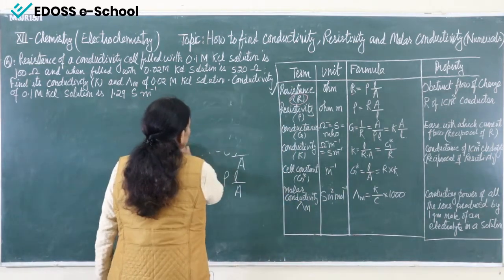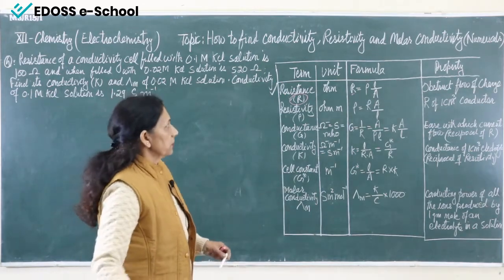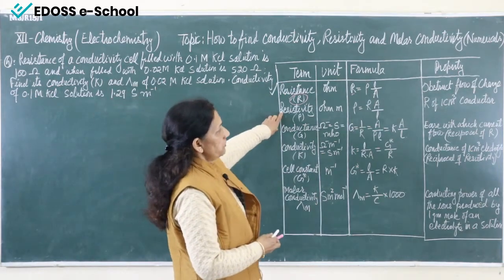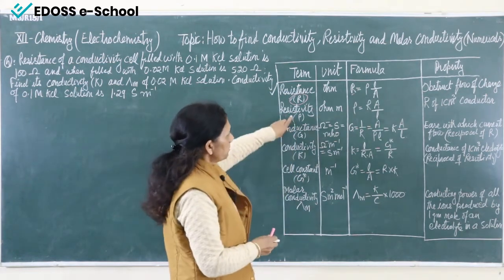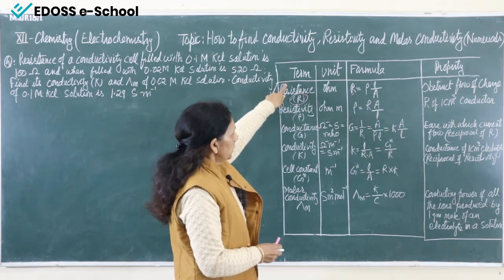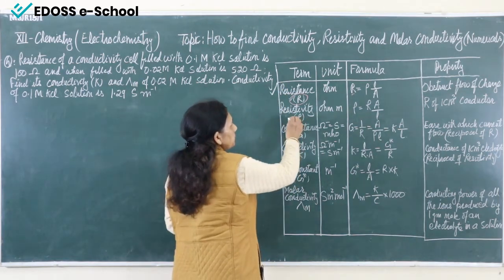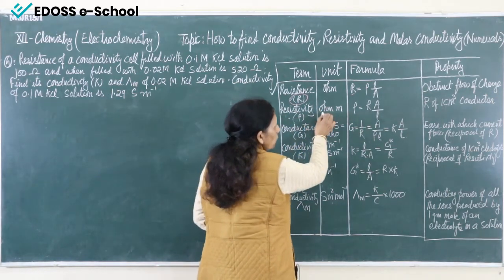Now coming to the second term, resistivity. The symbol for resistivity is rho, and its unit is ohm meter.